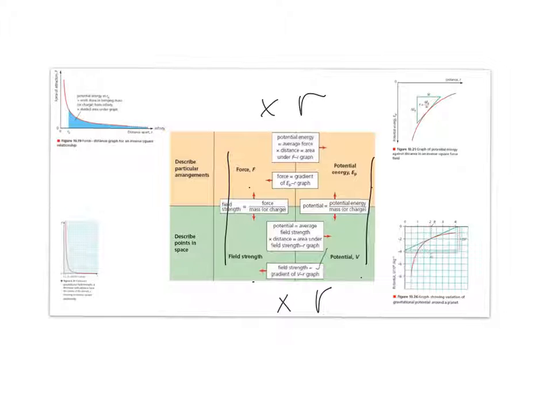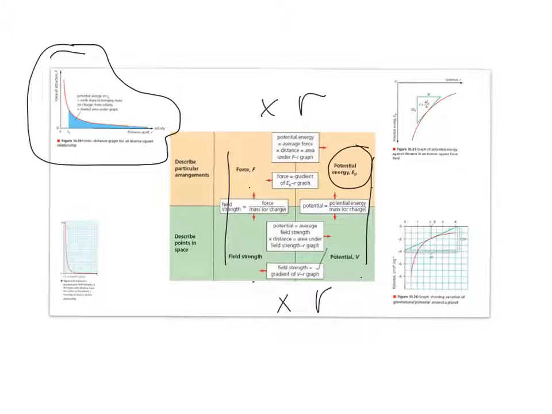Now, what we're saying there is that the force times distance graph can give us energy. It would be the integral. It would be the area. And in fact, that is a factoid that you can use. The potential energy is equal to the average force times distance, which is equal to the area under a force distance graph.